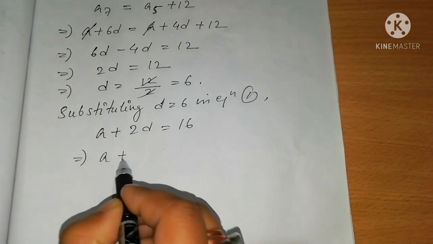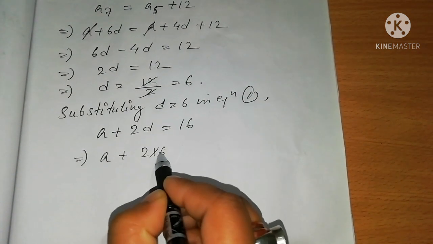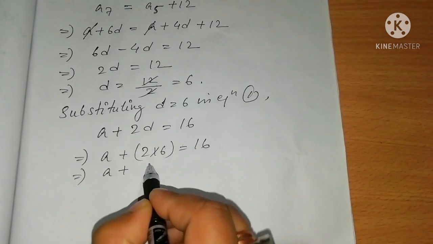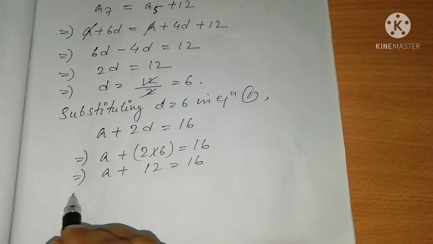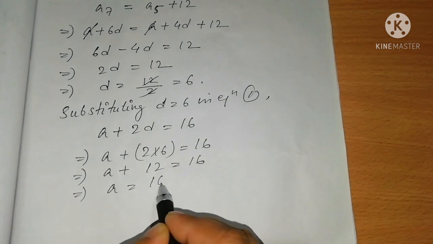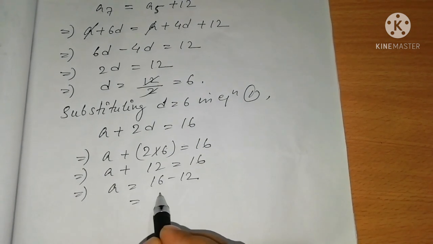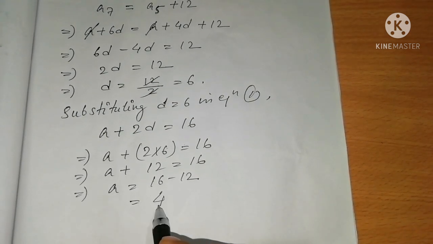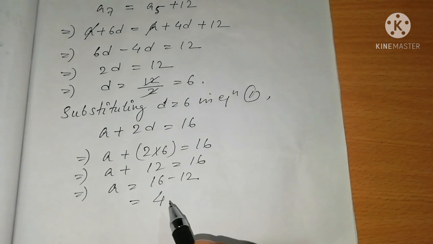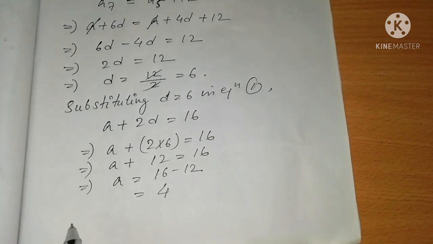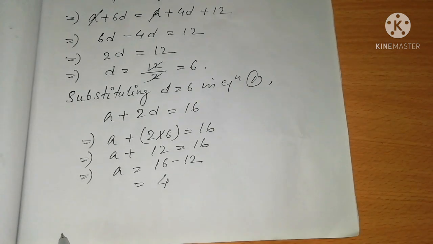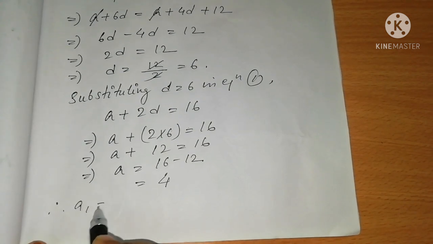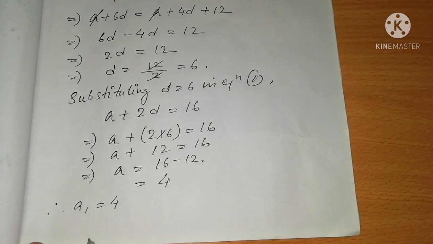That means a plus 2 into 6 equal to 16. a plus 12 equal to 16. a equal to 16 minus 12, that will be equal to 4. If a we got as 4, that means the first term we got as 4. So therefore a1, the first term, we got as 4.